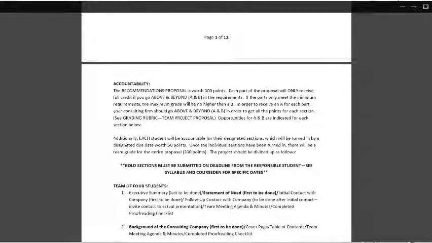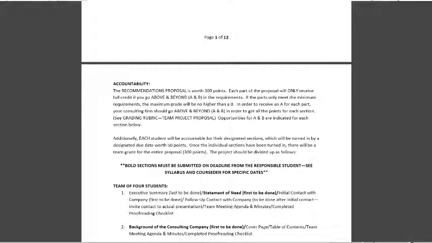So because this is such a huge project and it's worth 300 points, it's difficult in many times to determine if people do the minimum or the maximum. So there's an accountability part of this project.